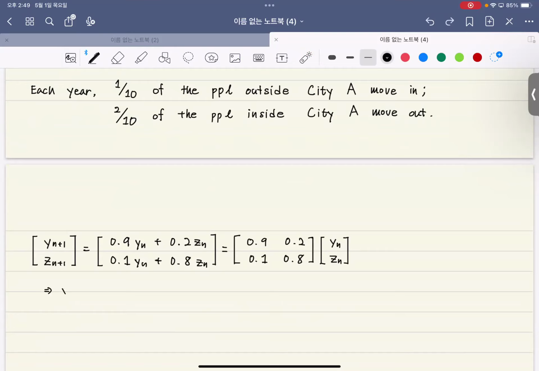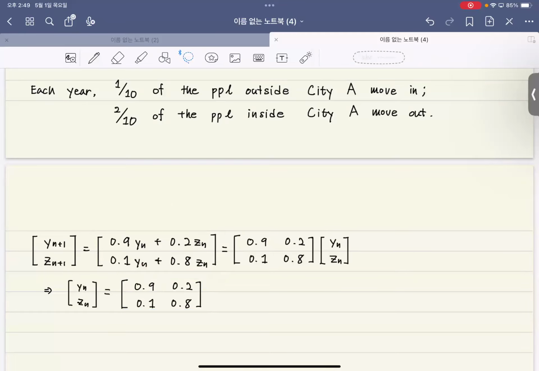In this case, (Yn, Zn) is this Markov matrix raised to the nth power times the initial population (y0, z0).